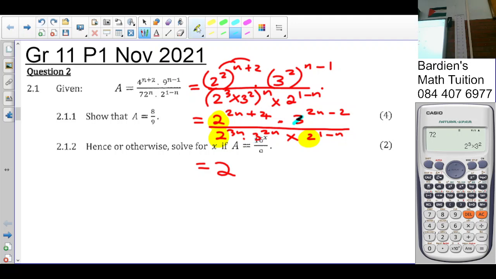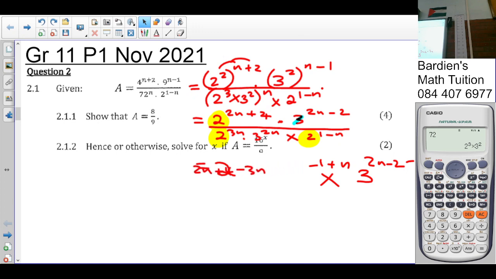So let's go back. That will simply be 2 to the 2n plus 4 minus 3. And remember, when you bring it up, the sign changes: negative 1 plus n, times 3 to the exponent 2n minus 2 minus 2.